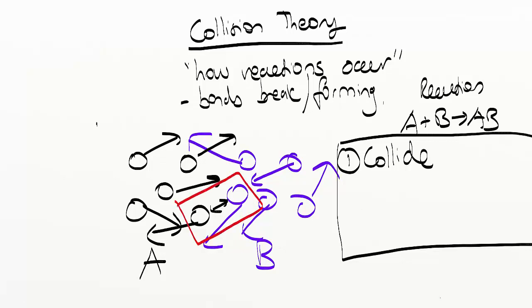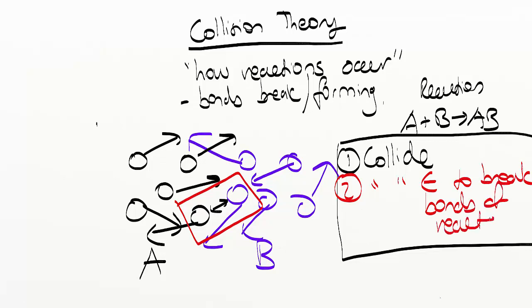Secondly, they must collide with enough energy to break the bonds of the reactants. So if, for example, we had a situation where it's methane plus oxygen to form stuff, methane looks like this.